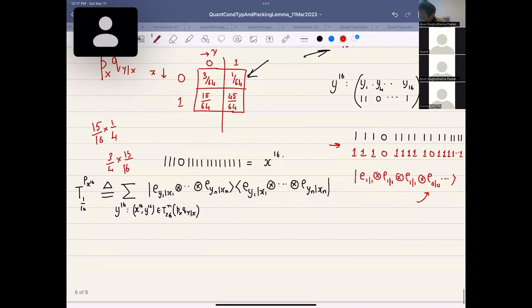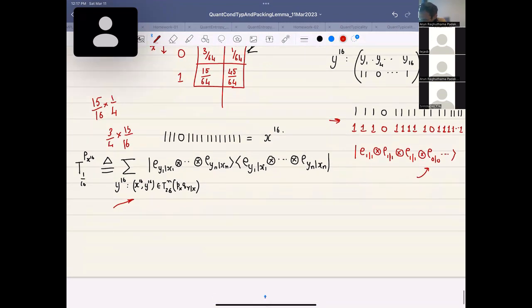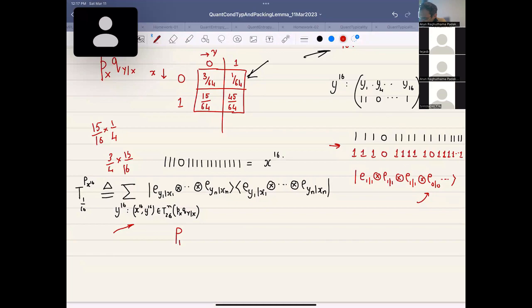Remember what I'm doing, I'm not including all the yn sequences. If I included all the yn sequences, it is no big deal. I am cutting down on the number of yn sequences. So rho 0 lives in a space spanned by 0 and 1. Similarly, rho 1 lives in a space spanned by plus and minus. Well, they are the same, but I'm just writing it this way.